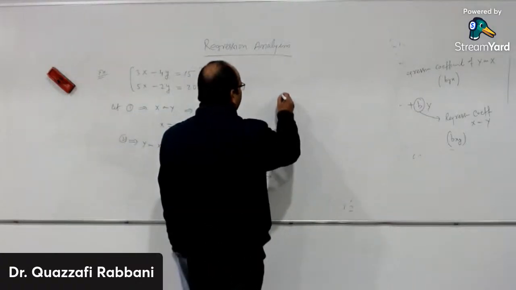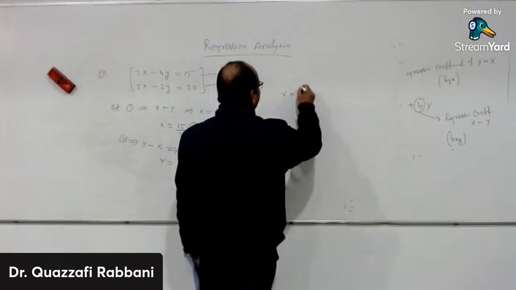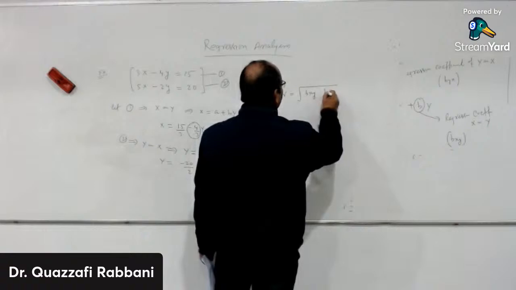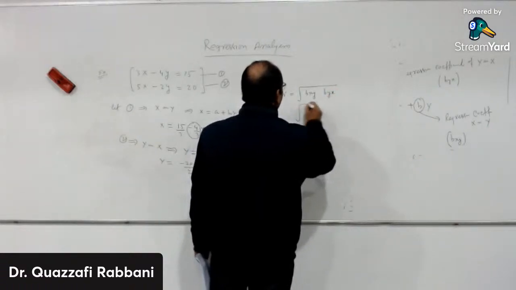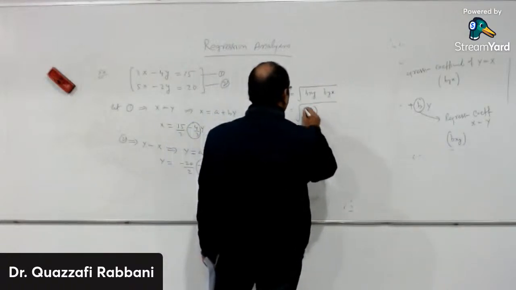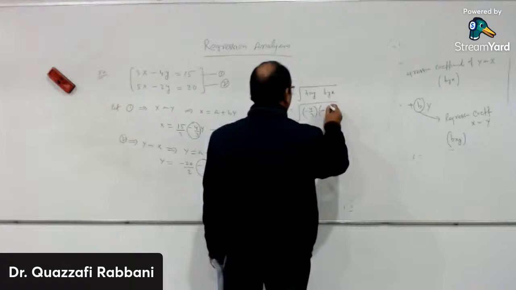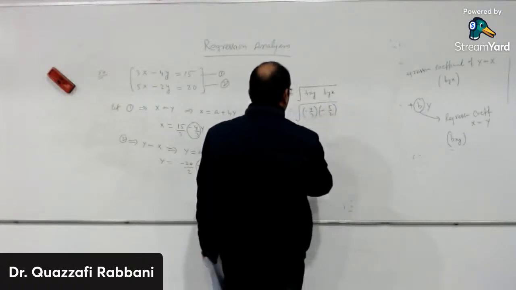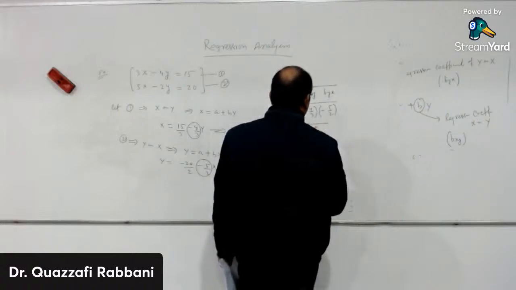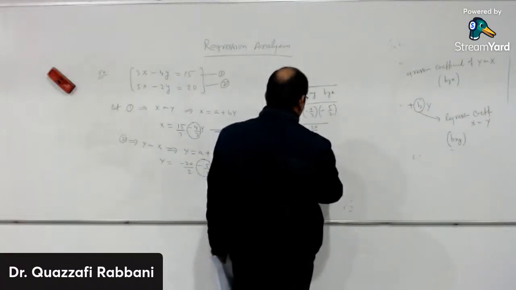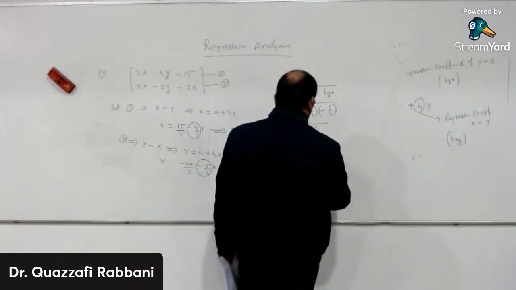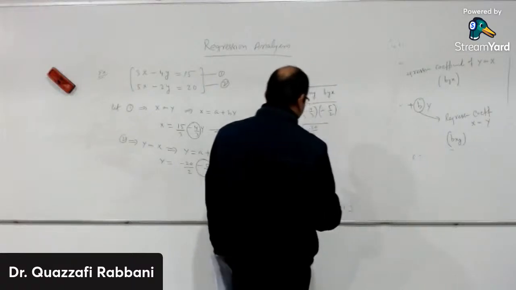Now just find r, the correlation coefficient, and we know the correlation coefficient is what? Under root bxy into byx. Now putting the values minus 4 by 3 and minus 5 by 2, after solving you will get 20 by 6 and 10 by 3, that is 3.3.